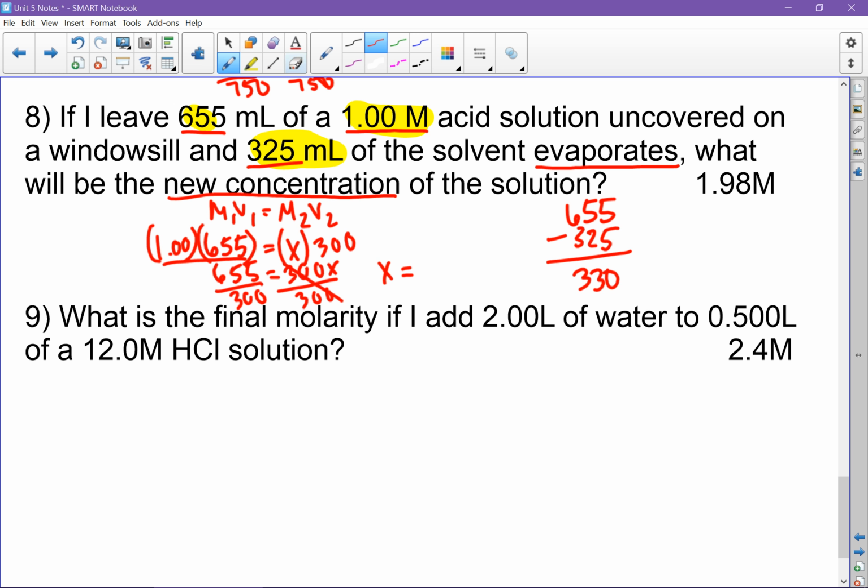Oh, I wrote this wrong. This should be 330 over here, sorry. Not 300, we wanted that to be 330. So let's divide 655 over here by 330.